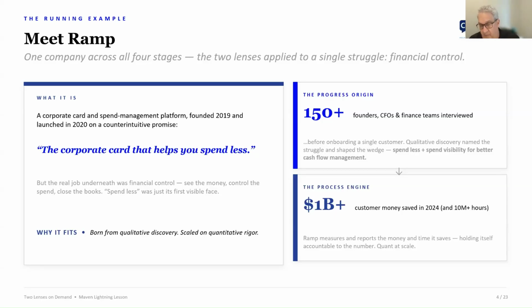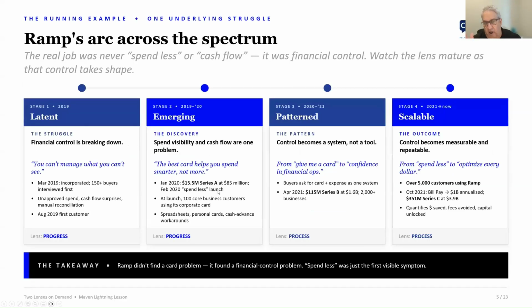And as a result of that process, have saved companies over $1 billion, along with tens of millions of hours in terms of how financial teams basically manage and monitor and control. So when you look at the arc of Ramp in relation to these stages of demand, there was a latent stage of demand, right?